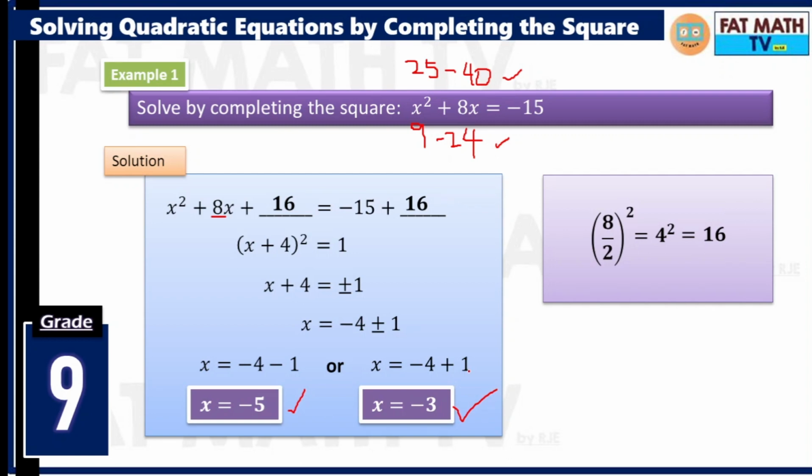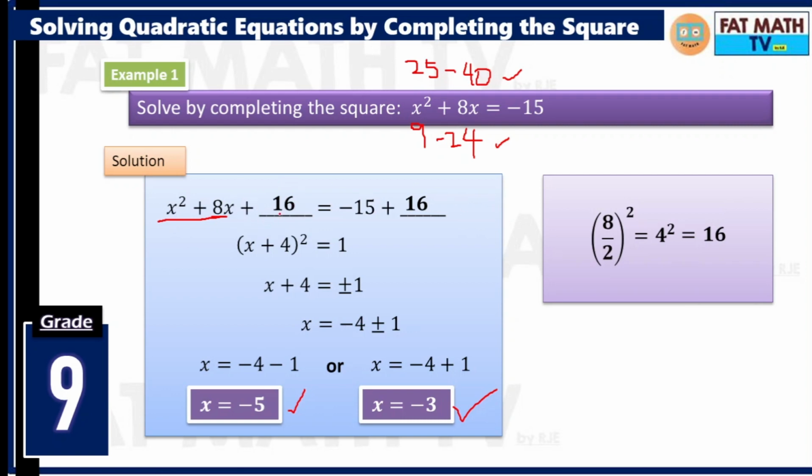So that's how you solve a quadratic equation by completing the square. Again, the first step is for you to separate the constant term. You have to put it to the right side. And then you will have only two terms here, the quadratic term and the linear term on the left side of the equation, and you have to add something to complete the perfect square trinomial.